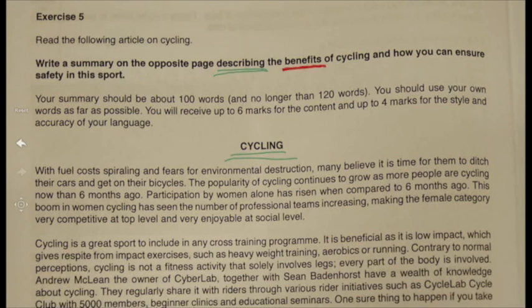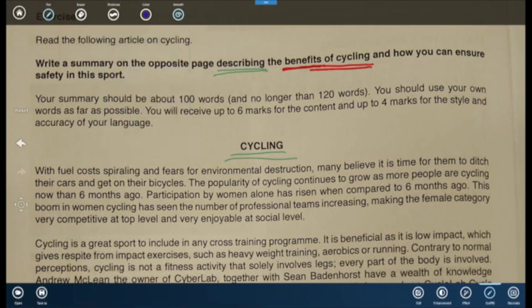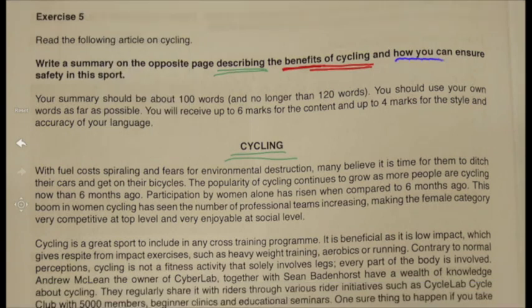Benefits of cycling. And how you can ensure safety in the sport. I'm going to use a different color this time. How you can ensure safety in the sport. So we've got two things: benefits of cycling and how you can ensure safety in the sport.